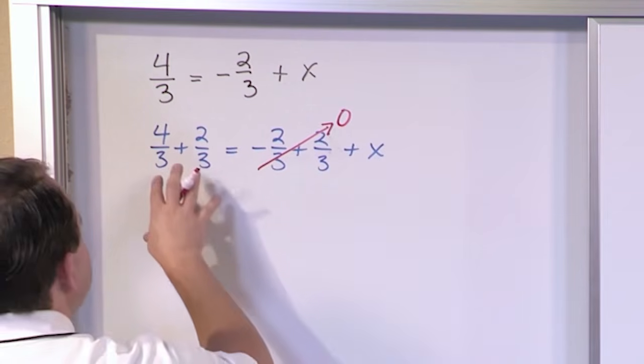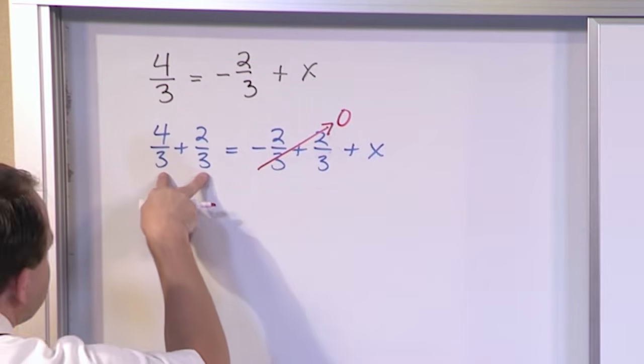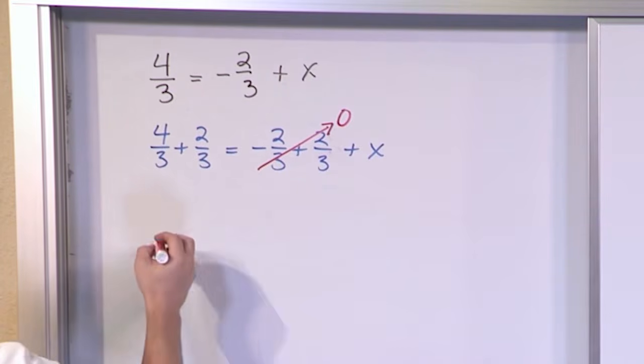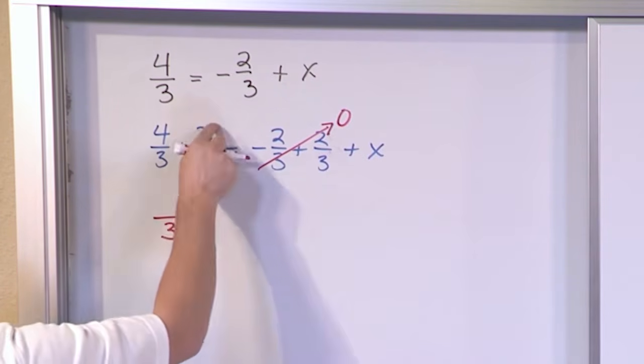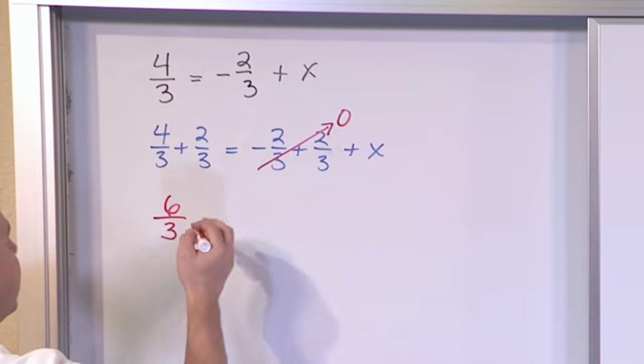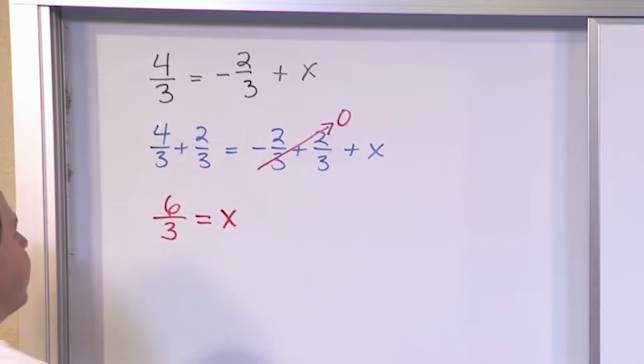So what I have here on the left-hand side, I've got two fractions that I need to add together. Fortunately, the common denominator is already here. I've already got a 3. So I keep the common denominator, I add the numerators. I get 6/3 on the left, and that's all from fraction arithmetic. On the right-hand side, this goes away, and I have x.